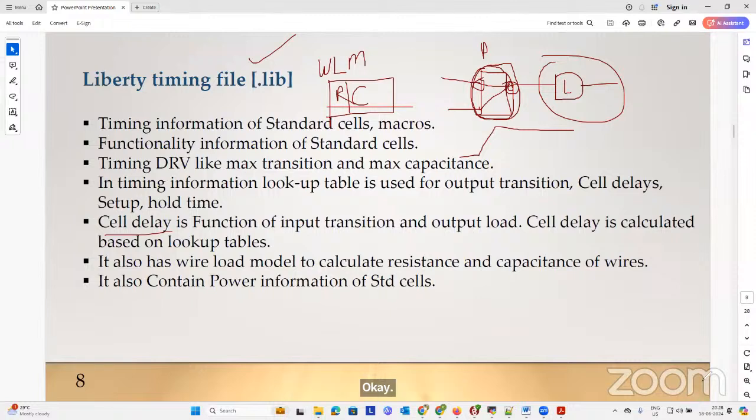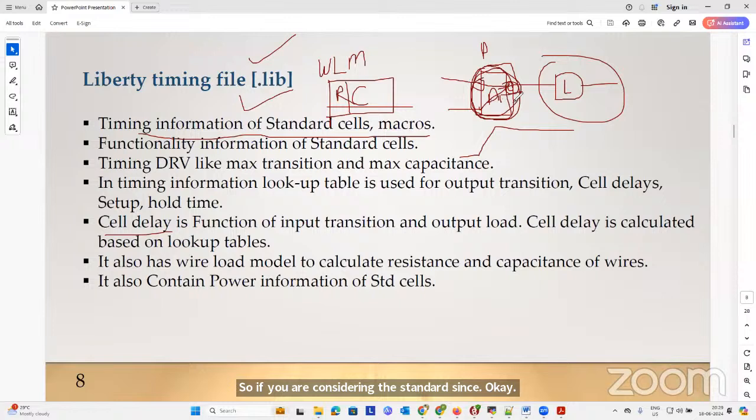Nagendra, explain one more time. If you are considering the .lib file as an input for floor plan, the .lib file has the timing information of standard cells and macros. If you are considering a standard cell that has DFF functionality, this information is available in the .lib file. The standard cell's functionality, whatever logic it has, is also written in the .lib file.